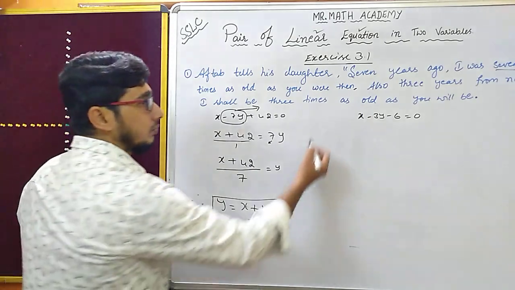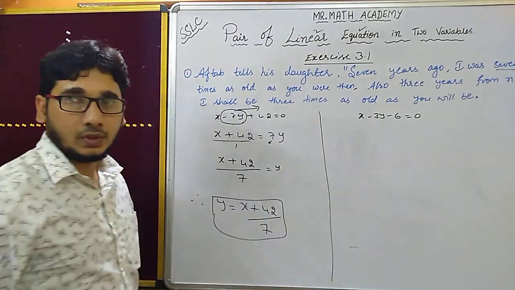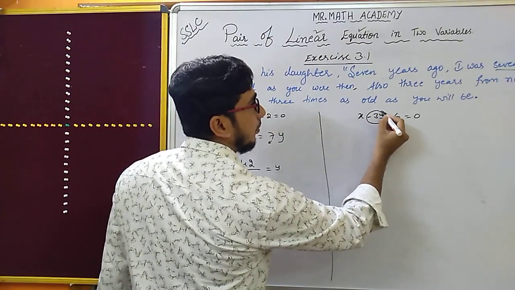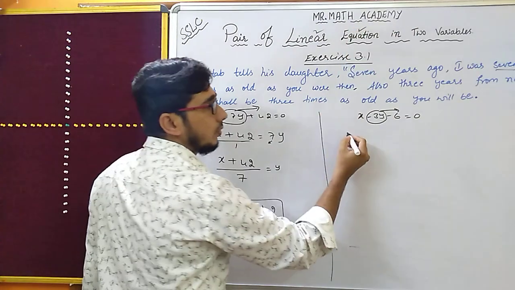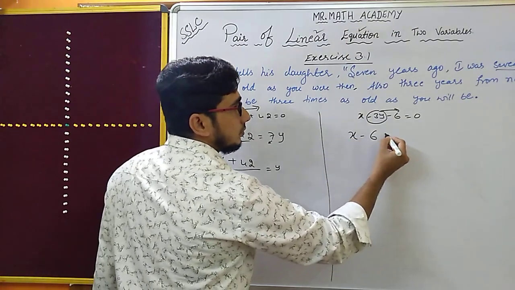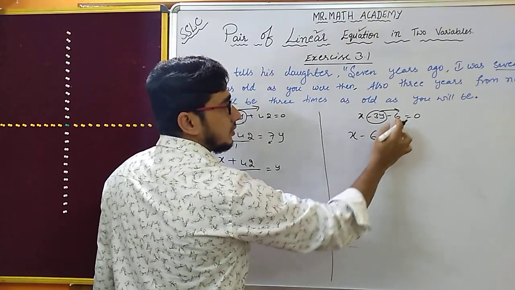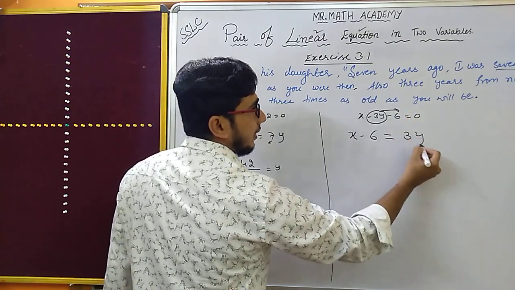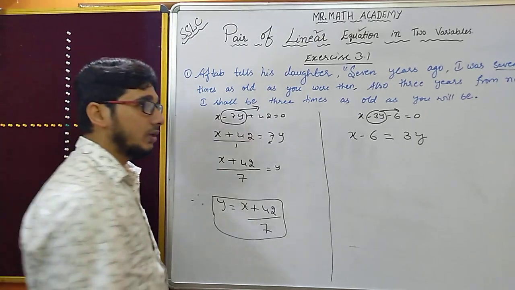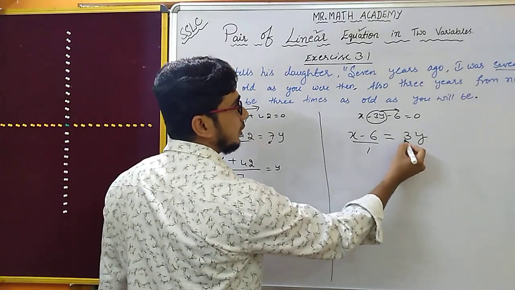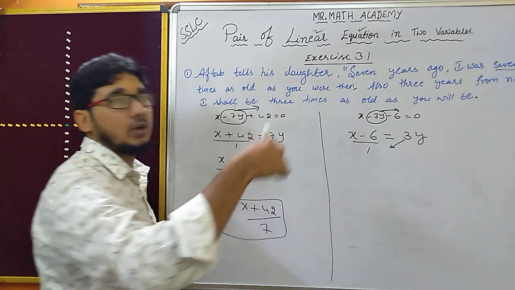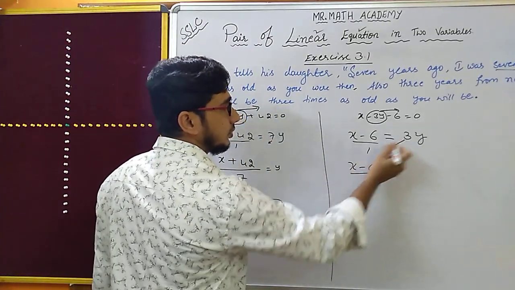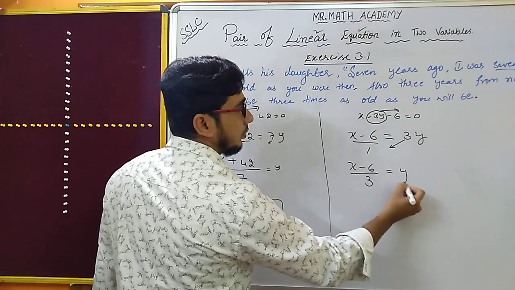For this one also I'll write the same thing. This minus 3y, I'll take it to the RHS. It will become x minus 6 is equal to 3y. Now the denominator is 1, cross multiply 3 to the denominator, so it will become x minus 6 by 3, which is equal to y.